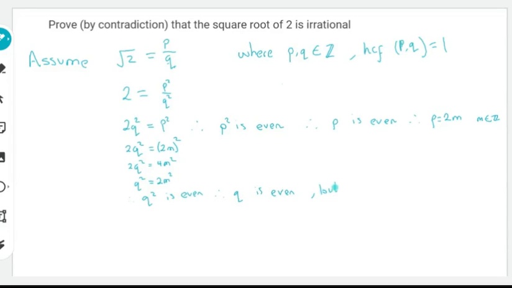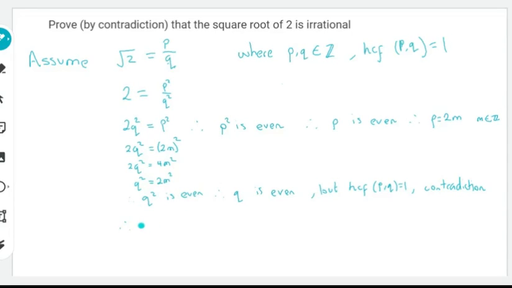But the HCF of P and Q equals 1. So, contradiction. It must mean that our initial assumption, that root 2 is equal to a whole number divided by a whole number, where P and Q have a highest common factor of 1, must have been wrong.